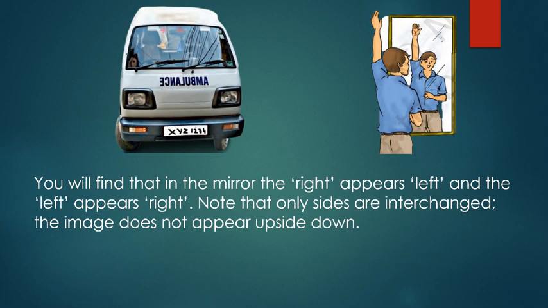Note that only sides are interchanged, but the top doesn't appear as bottom, right? A top appears as top only and the bottom appears as bottom only. So therefore there is no interchange of top and bottom, only sidewise.